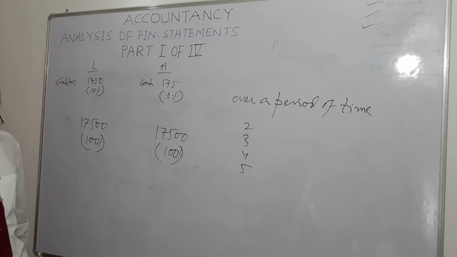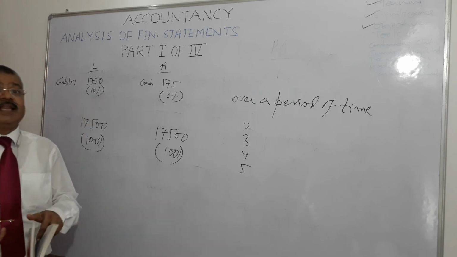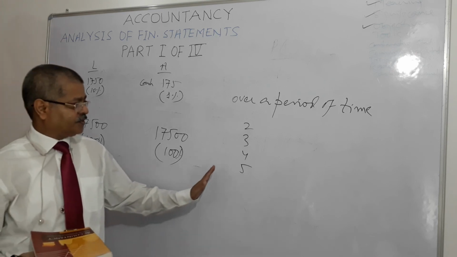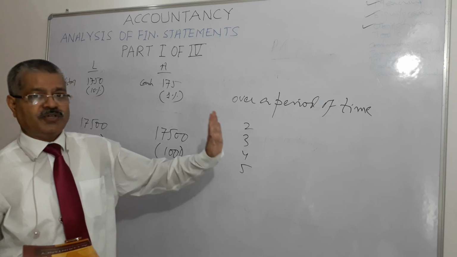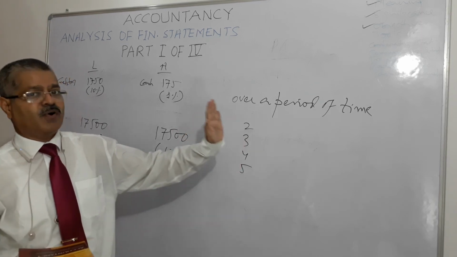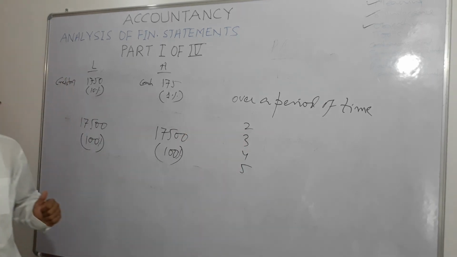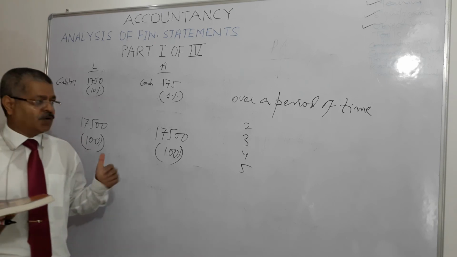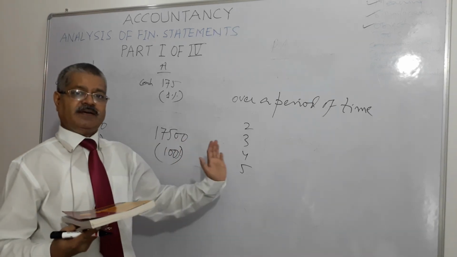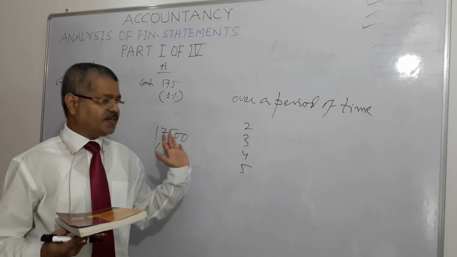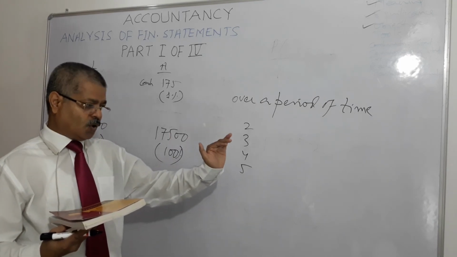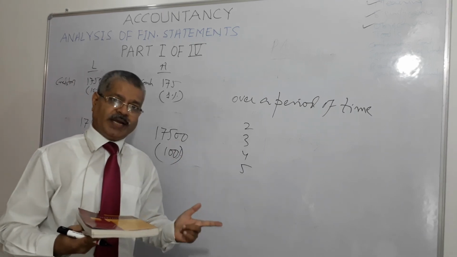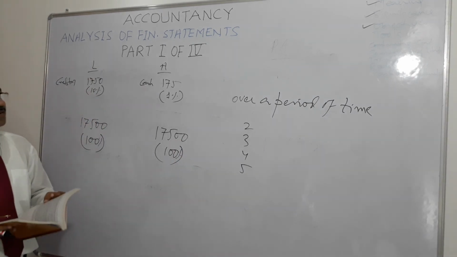So from the trend analysis, the management can know in which direction the financial position or the operating performance of the company is going, and by seeing that trend they can take a decision to continue the existing policies, principles followed, or to modify them or to change them altogether. Right? Trend analysis.